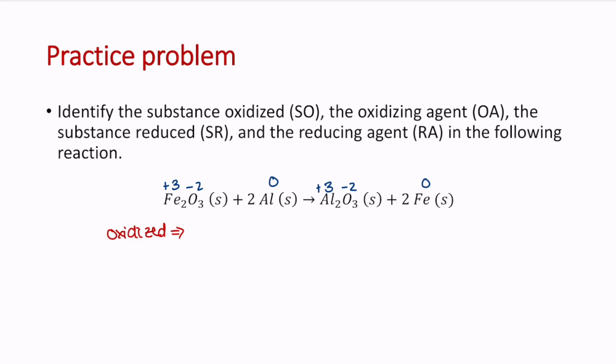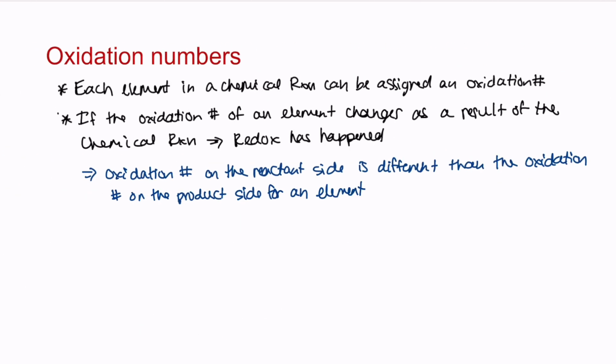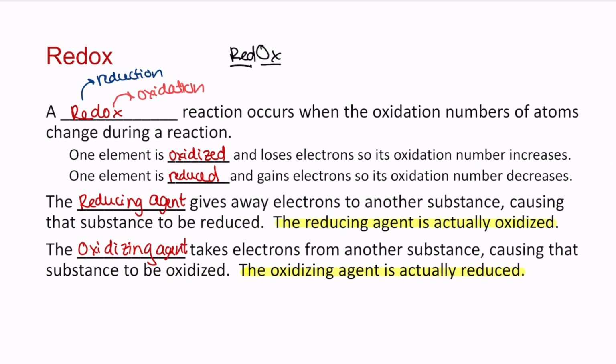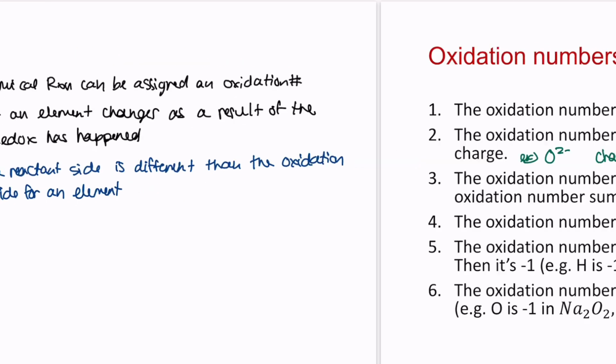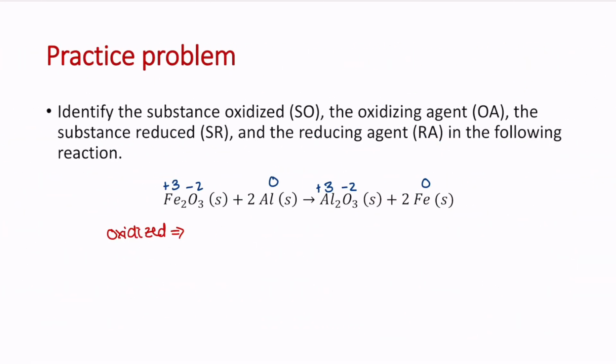Aluminum goes from 0 to +3. So that is an increase in oxidation number. So that must mean that the aluminum is being oxidized. Notice it's just an element that is being oxidized. It's not the entire substance, if you will.